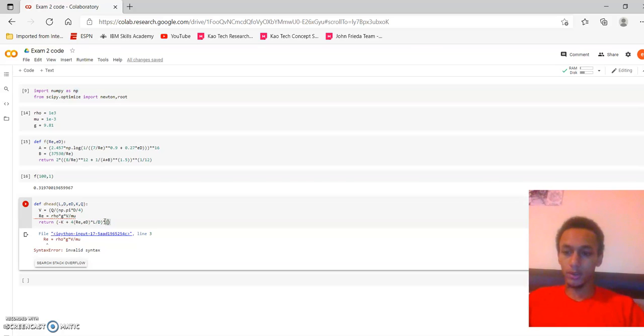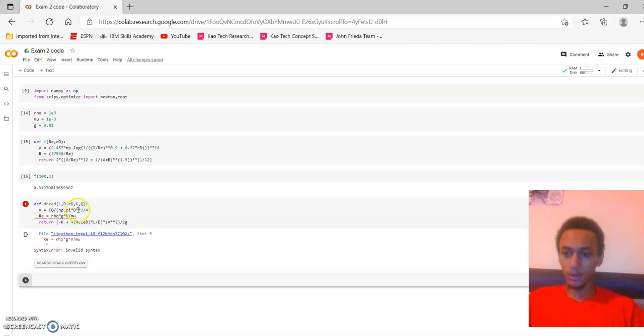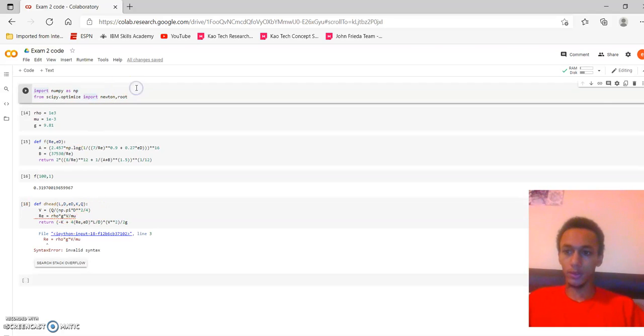And you're going to multiply this by the velocity squared, and divide it by 2G, doesn't matter if it's on the inside or outside. This needs to be squared as well. Shift enter, and same we have invalid. So let's run it from the top.